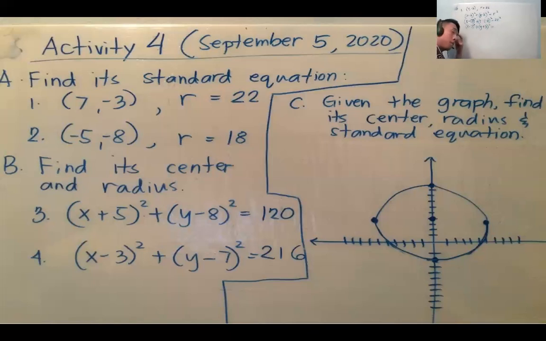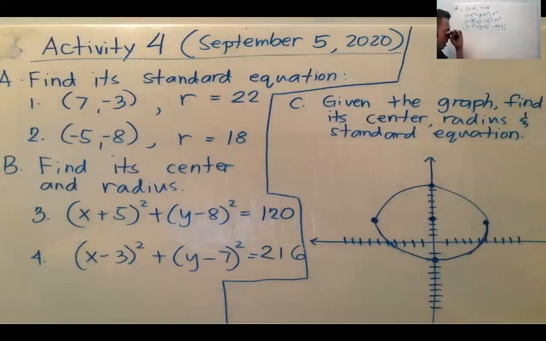That means it will become 22 times 22. What will be the answer? 22 times 22 is 484. So we have here the answer for number 1. Check your own paper.